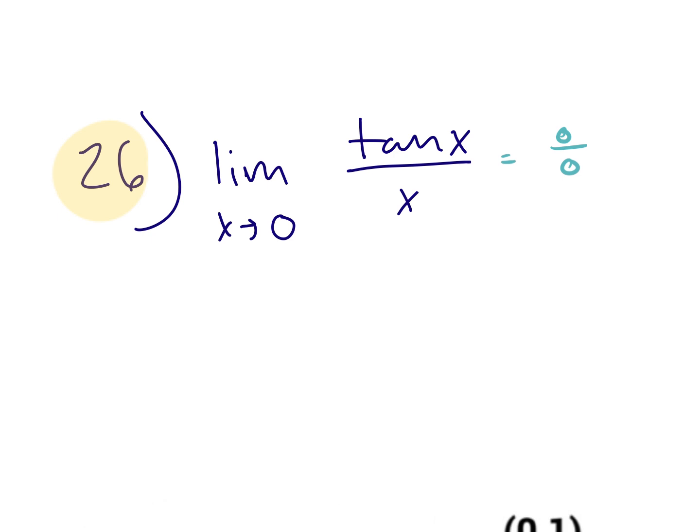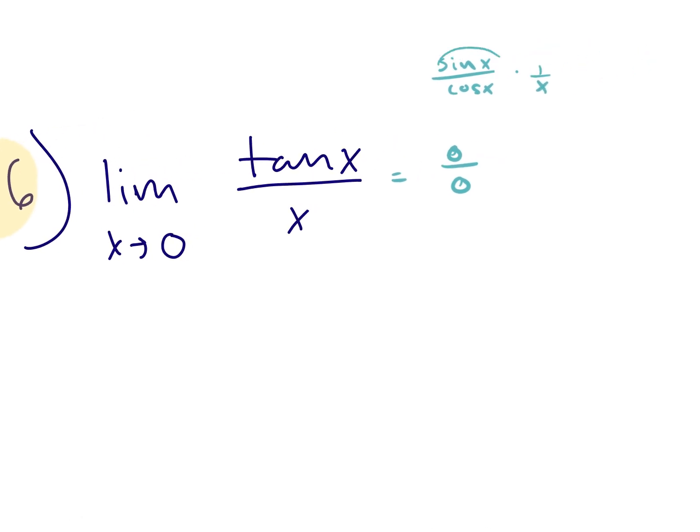I think when we did this in the quiz review, we changed tangent to be sine of x over cosine of x times 1 over x, which we knew sine of x over x was 1. And then we used direct substitution. Our answer ended up being 1 because 1 over cosine of 0 is just 1. 1 times 1 is 1.